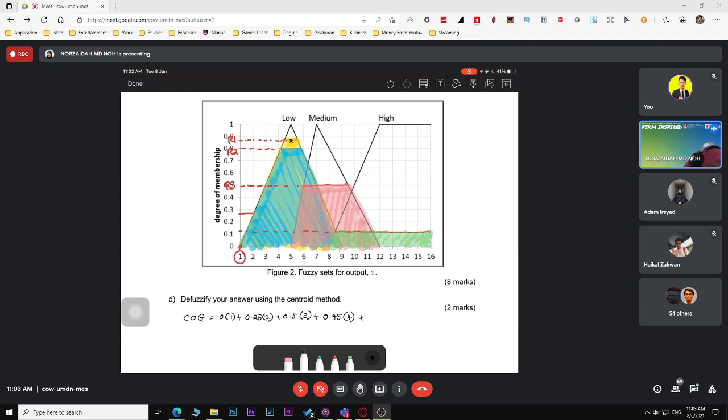Tadi dalam you punya kira-kira kan? 0.875 darab dengan 5, plus 6. Dekat 6 kita tengok 6 punya line dekat sini, 0.75.